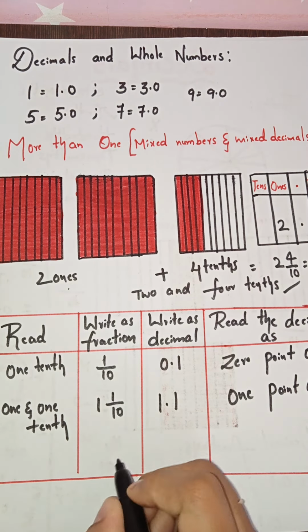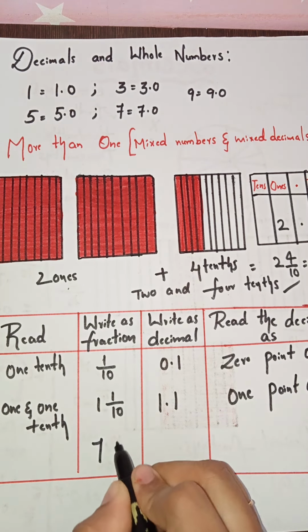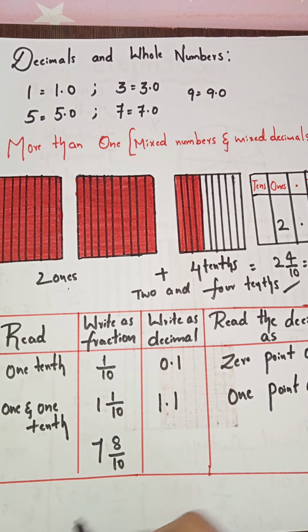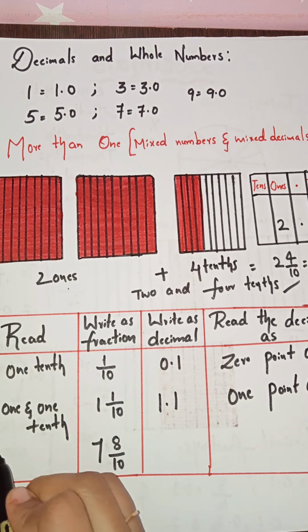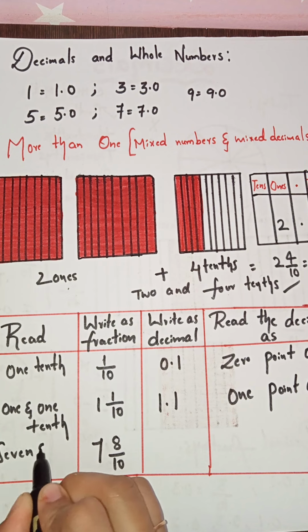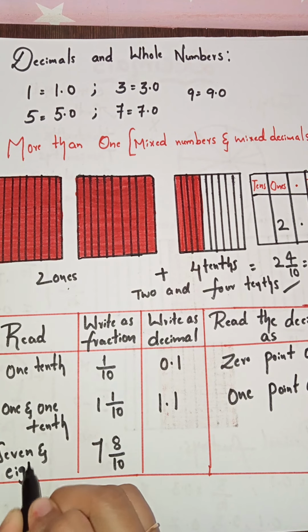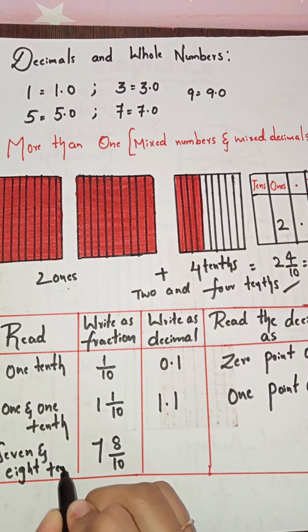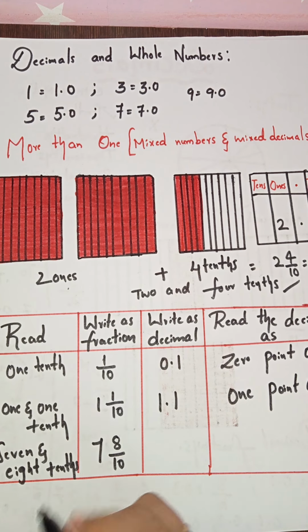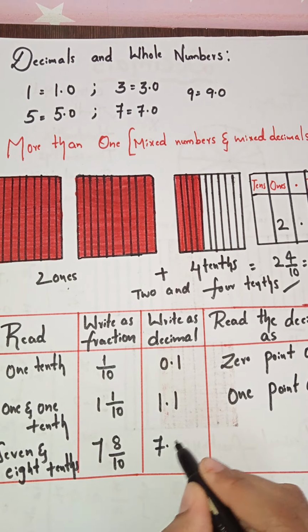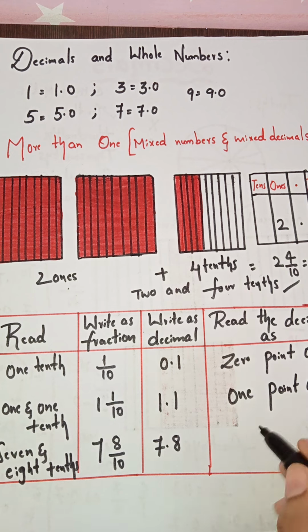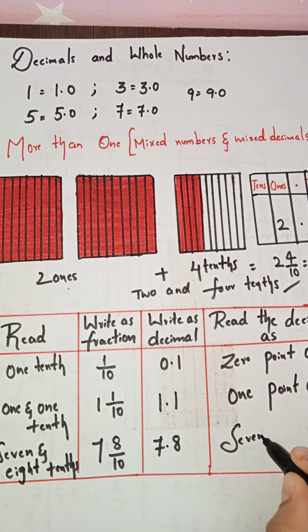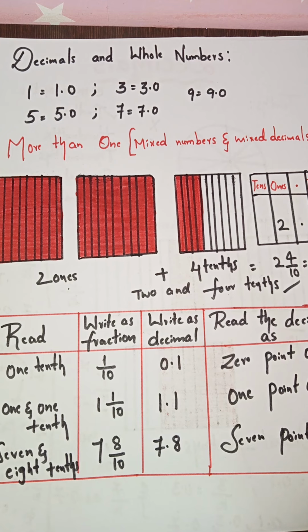Another example: a fraction like 7 8/10 can be read as 7 and 8 tenths, which is written as a decimal as 7.8, and read as seven point eight.